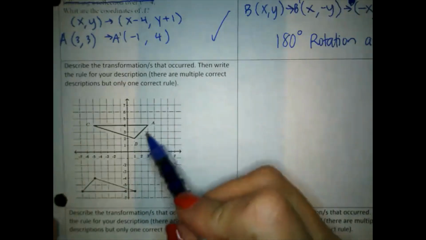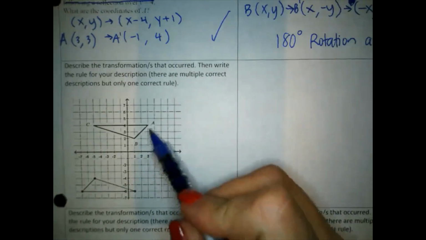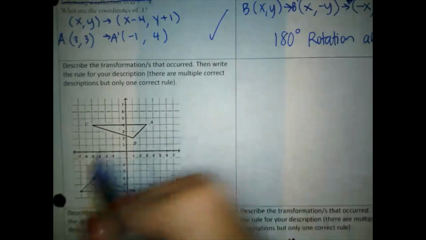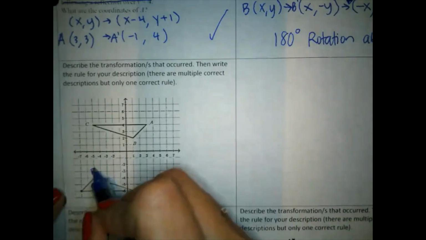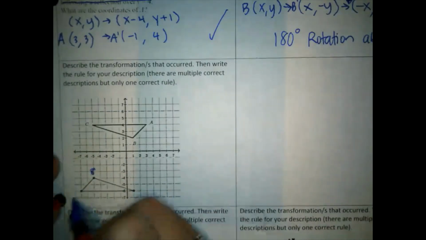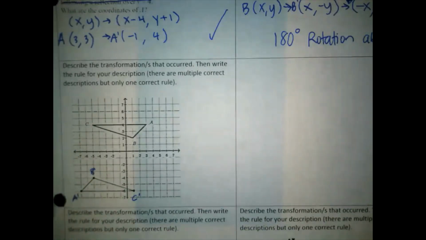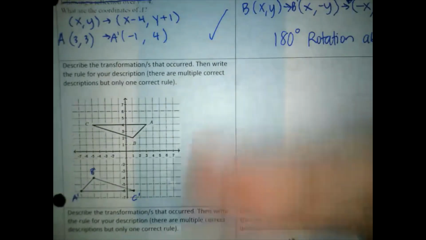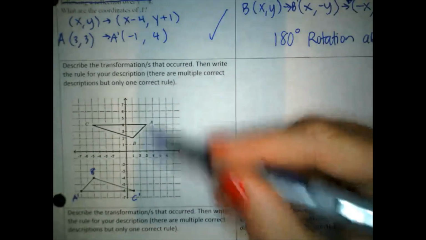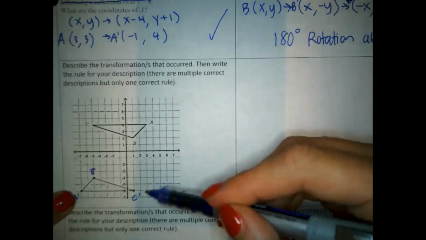So here's the deal. I'm going to add the symbols to it: this will be B prime, this is going to be A prime, and that'll be C prime. If I think about reflecting, A and C are going to be on the wrong side.